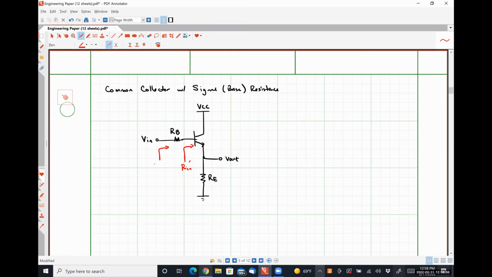So if Rn prime is equal to R pi plus beta plus 1 Re, then obviously Rn is just Rb plus R pi plus beta plus 1 Re, because that base resistance appears in series with the resistance seen looking into the transistor.